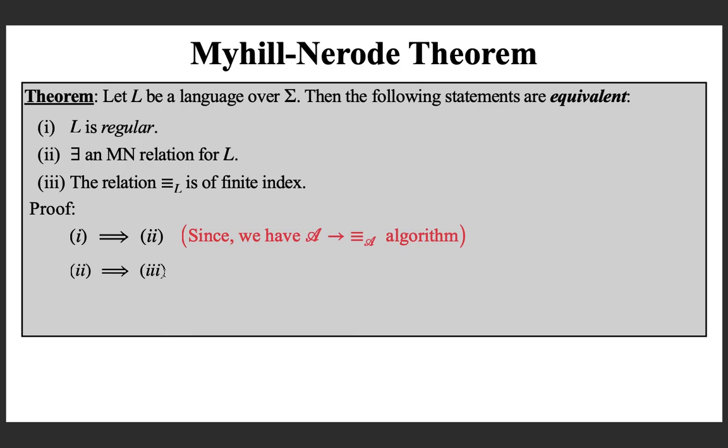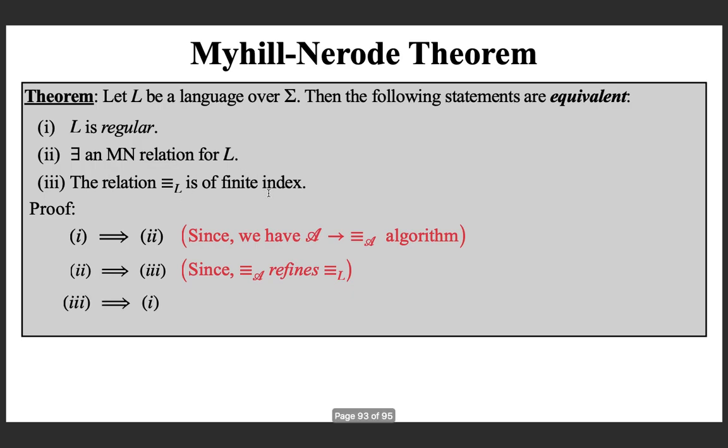It's because you have a Myhill-Nerode relation here, and from the previous theorem we know that any Myhill-Nerode relation refines the canonical relation. And because the Myhill-Nerode relation contains only finitely many equivalence classes, this refinement tells you that the number of equivalence classes of the canonical relation is less than this, and hence it is of finite index.